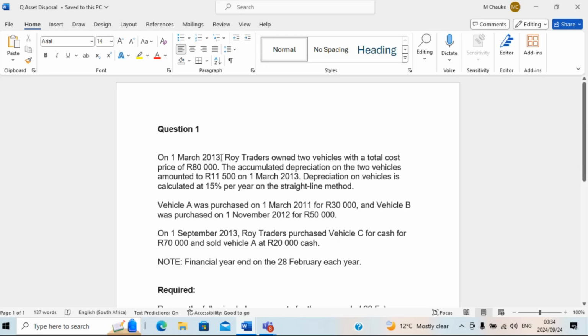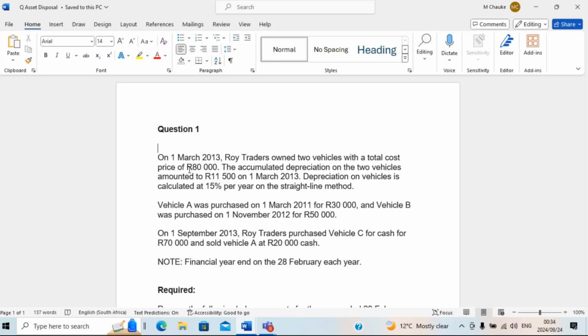On the 1st of March 2013, Roy Traders owned 2 vehicles with a total cost price of 80,000. The accumulated depreciation on the 2 vehicles amounted to 11,500.